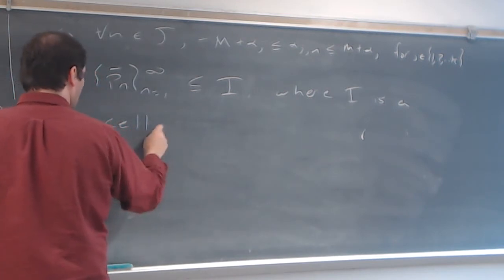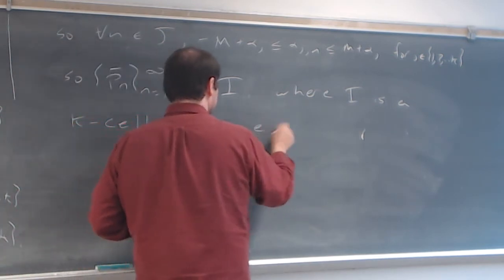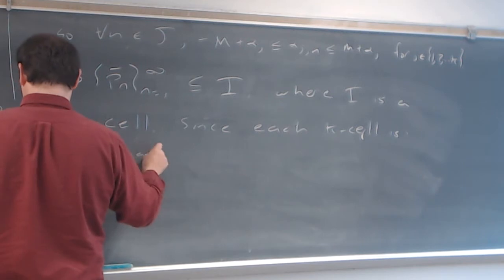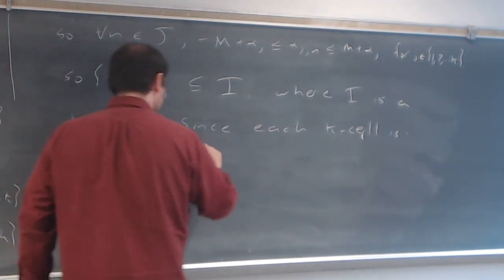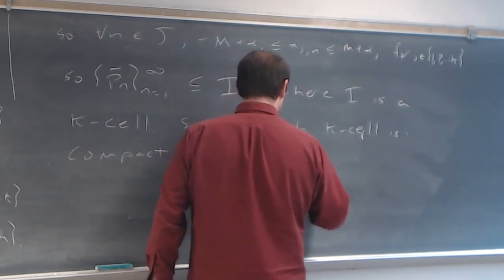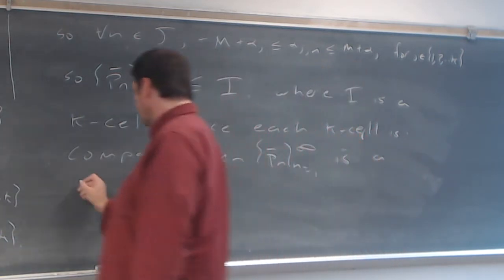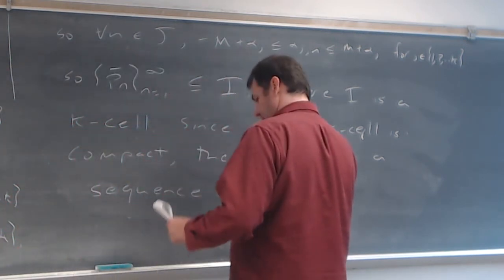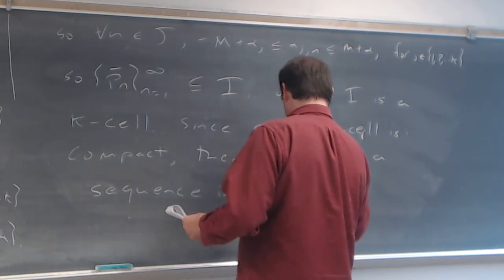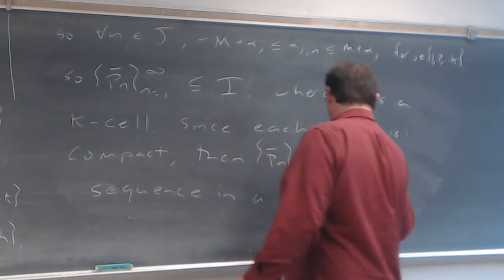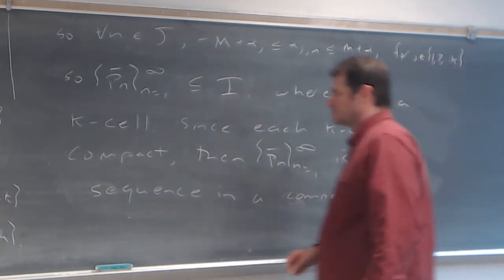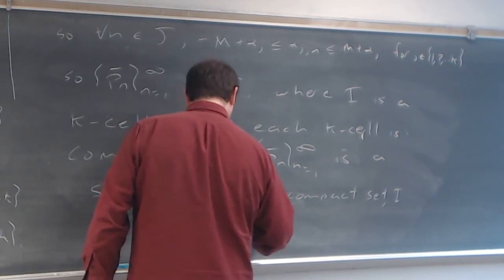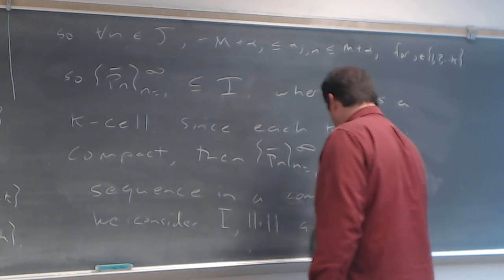And what we've shown is that since each k-cell is compact, P sub n is a sequence in a compact set, which we're calling I. And we consider I along with the norm as a metric space.